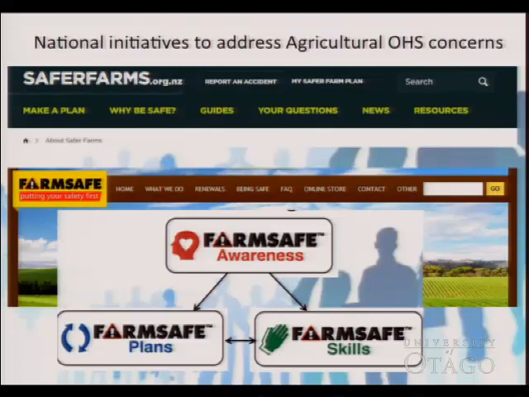The bottom website, the FarmSafe website, was initiated by ACC, but ACC has since pulled out funding from this. It is now owned by Lincoln University, and this is a series of training programs in farm safety awareness, making farm safety plans, and gaining farm safe skills that people would enrol in.